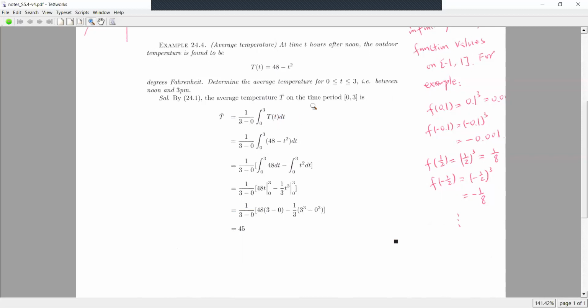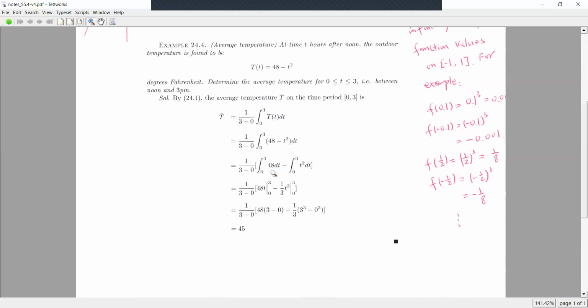Now b is 3, a is 0. Plug in 48 minus t squared into the function. Then we have this equation. Split the integral into a difference of two integrals by the difference formula.